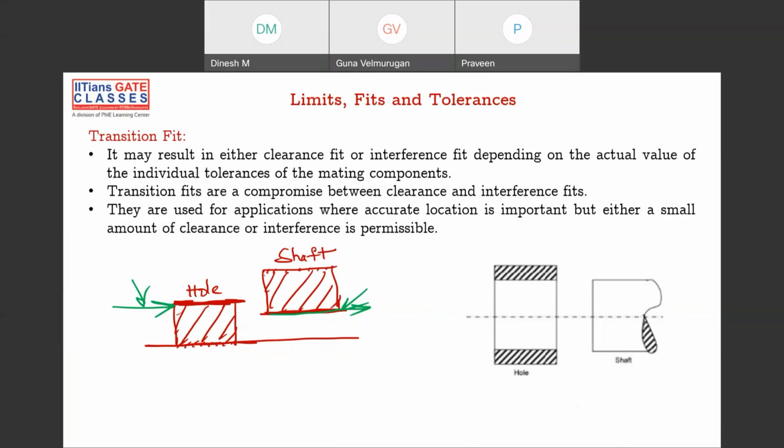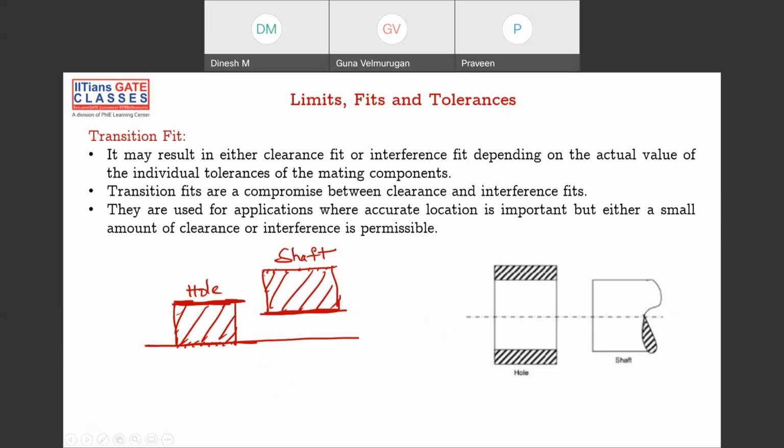Hole is bigger, shaft is smaller. It's going to fit, no? But if you take this shaft and this hole, it is not going to fit. So sometimes it will fit, sometimes it will not fit. That is your interference fit.